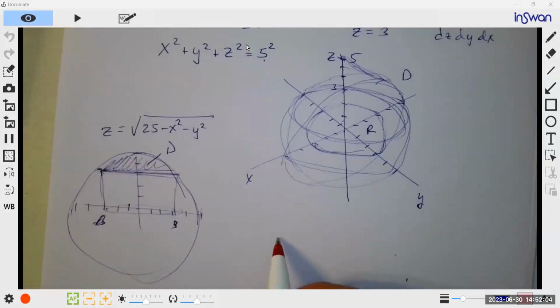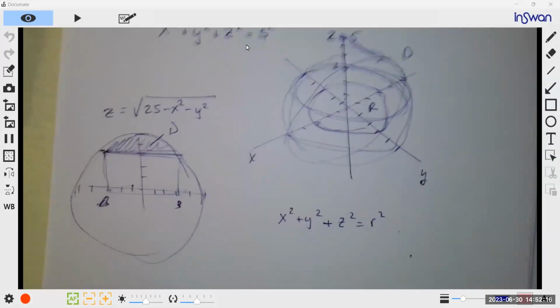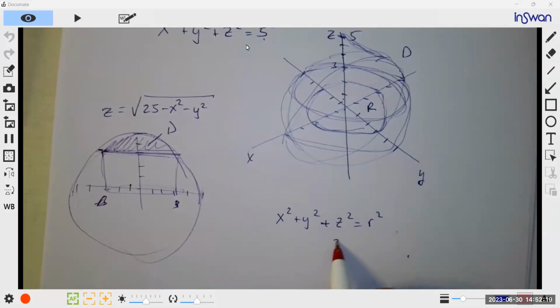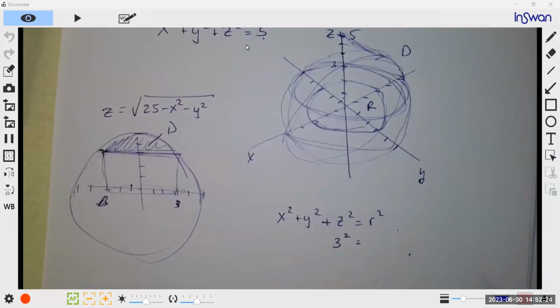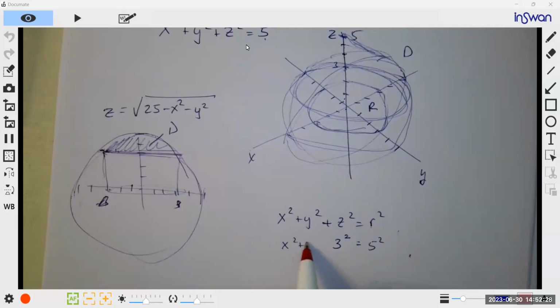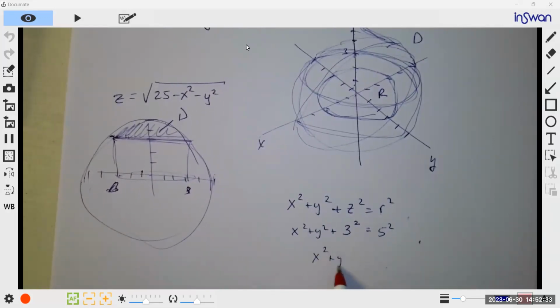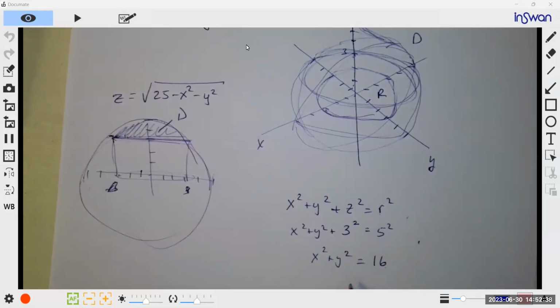We have x squared plus y squared plus z squared equals r squared. We're saying z is 3, and r is 5. So x squared plus y squared is 16.